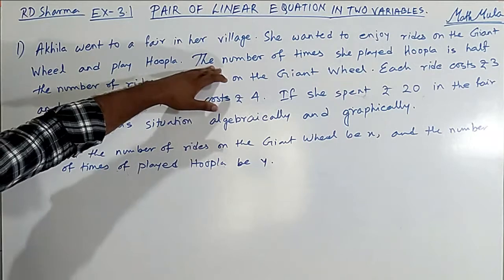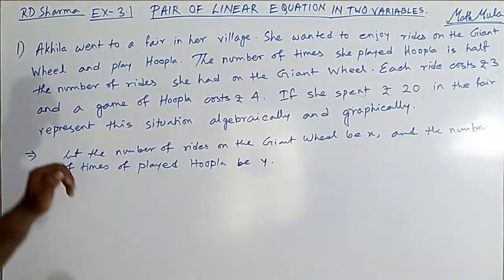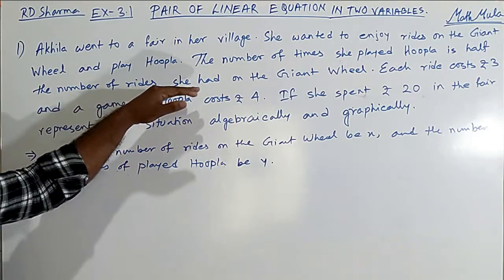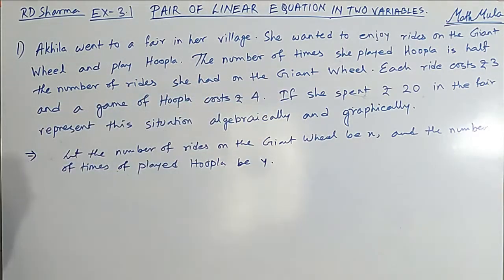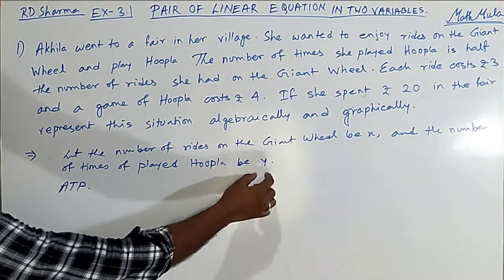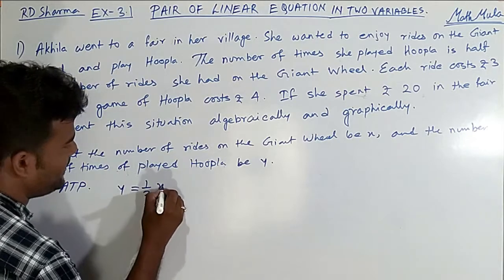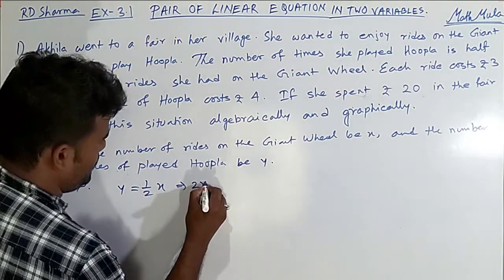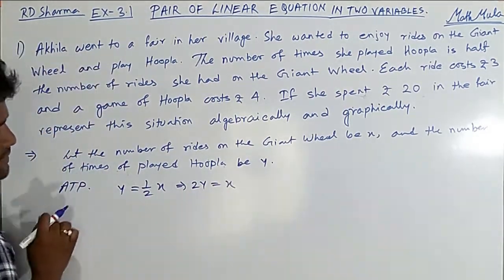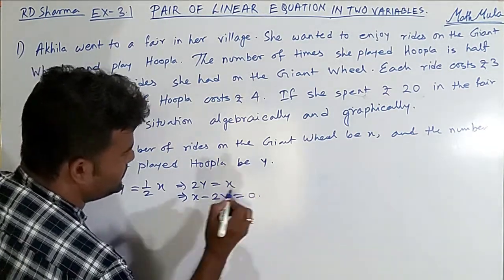From the first condition, the number of times she played hoopla is half the number of rides she had on the giant wheel. Okay. Now according to the problem, the number of times played hoopla is y. So y is equal to half of x. This implies 2y is equal to x, multiplying by 2 on both sides. It can be written as x minus 2y equal to 0.